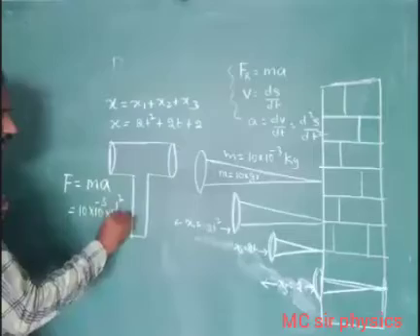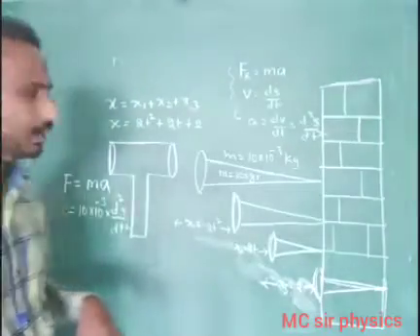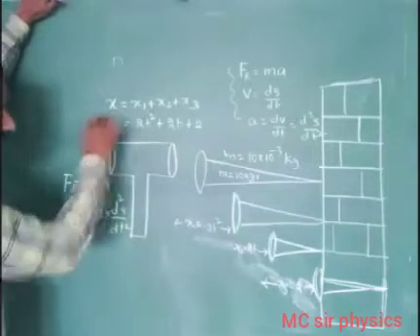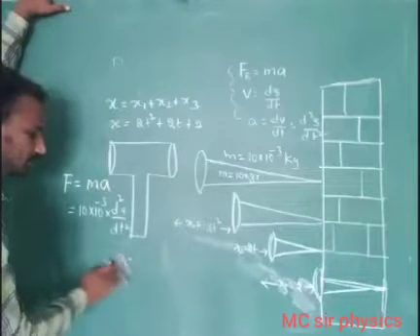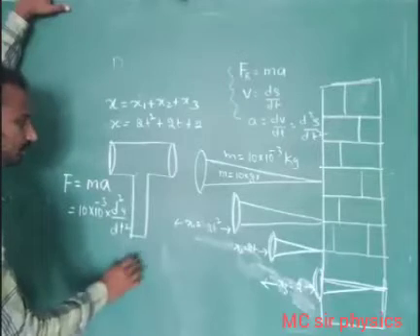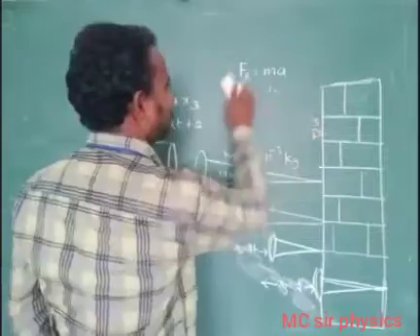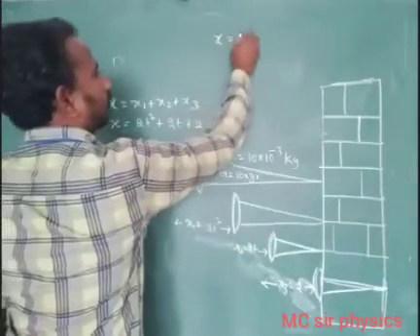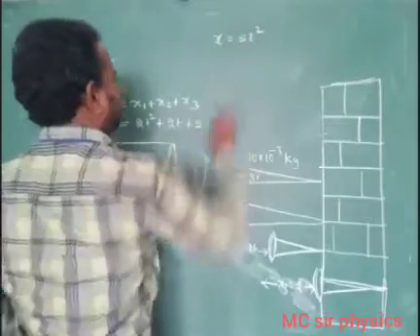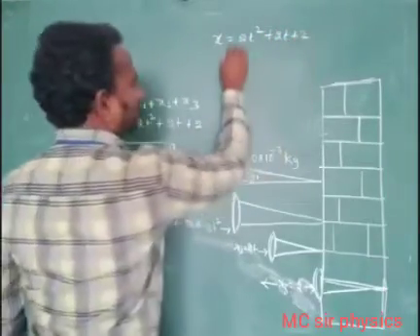Here 10 into 10 to the power of minus 3 into acceleration. Acceleration is d square s by dt square. Find that acceleration for this condition. First we have to find velocity. X equal to 2t square plus 2t plus 2.